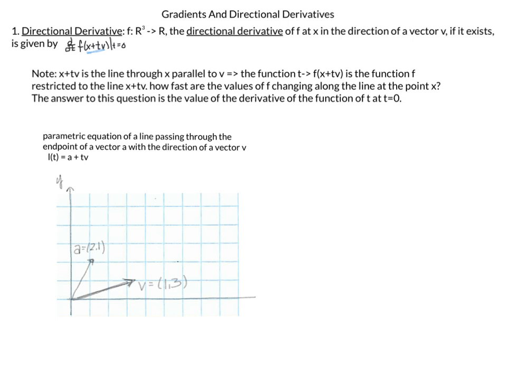Now, when t is equal to 1, we move by this vector here, and we get this point here. What if we let t equal 1/2? Then we'll only have this much of the vector, half of the vector.